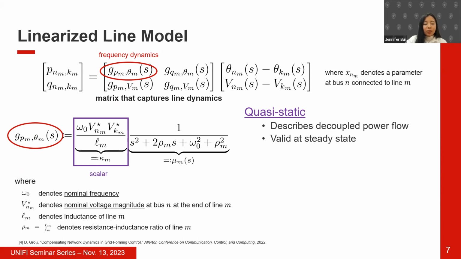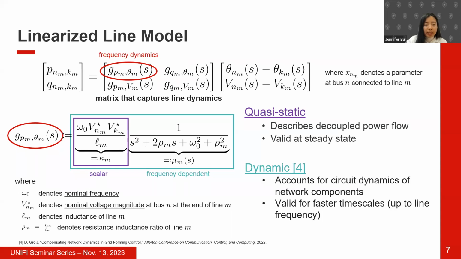We extend this relationship to include this frequency-dependent component here that accounts for the circuit dynamics of the network components. And so this model can capture line dynamics of faster timescales instead of just steady state dynamics.